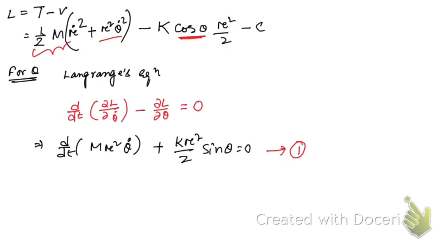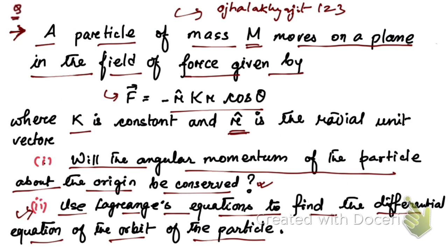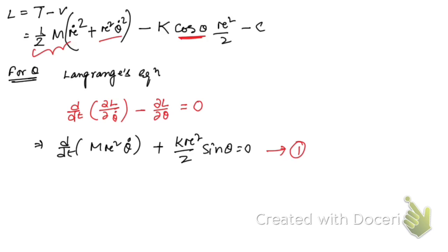Now you see this part is nothing but angular momentum. In case of motion under central force, the angular momentum is constant, because actually I forgot to explain the first question. First let me explain that, and I will continue this one also. So for the answer to the first part, you should write like this.